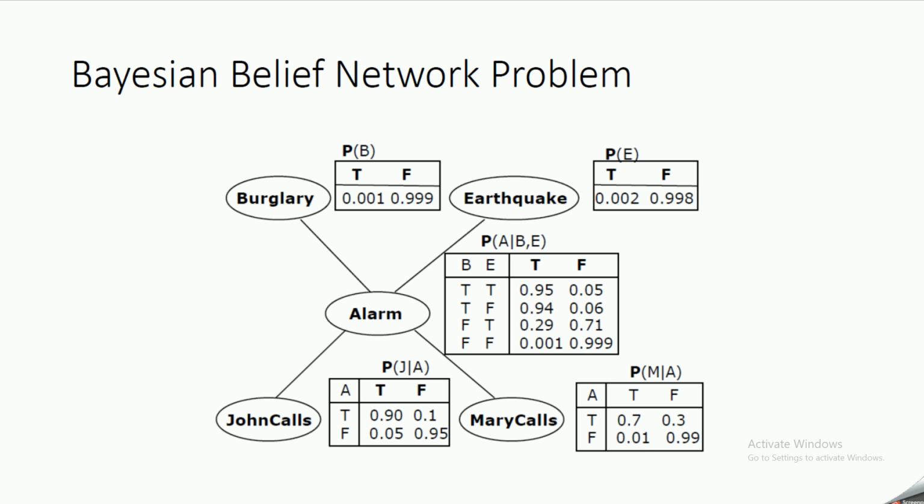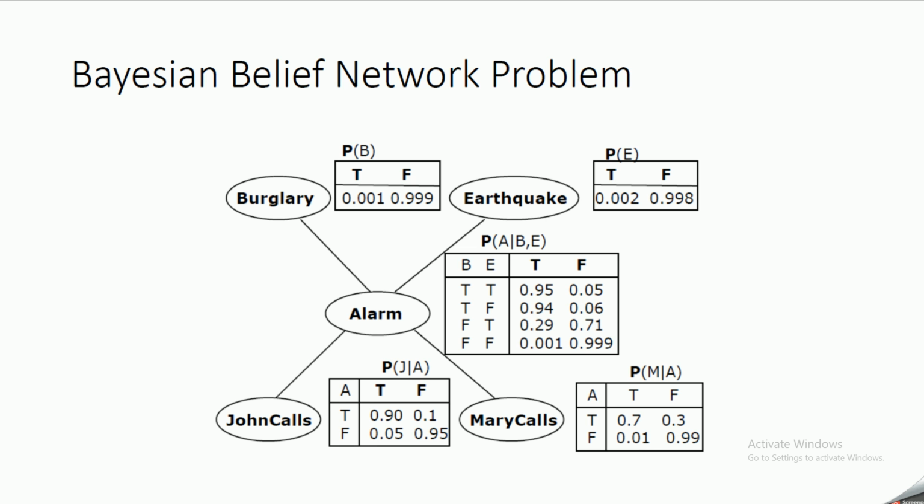The person tells John and Mary to call when the alarm rings. The alarm can ring in two situations: if there is a burglary, that is a theft, or if an earthquake occurs. Each of the conditional probability tables is given to you.